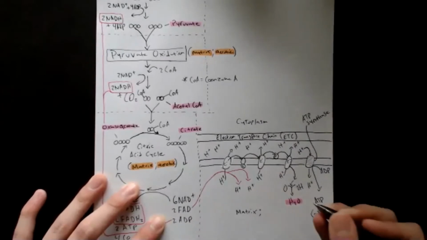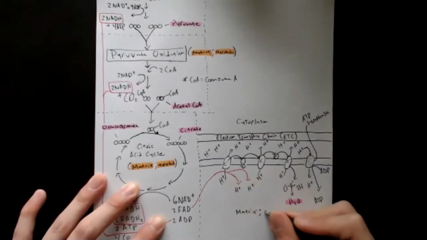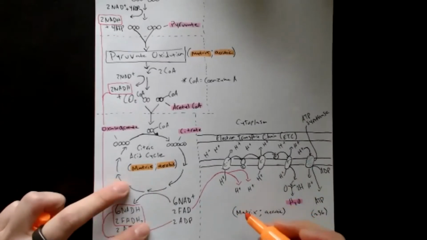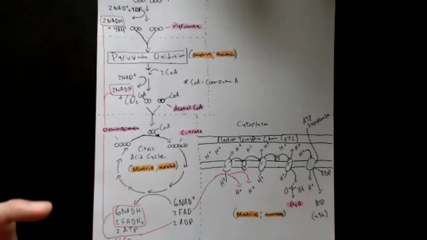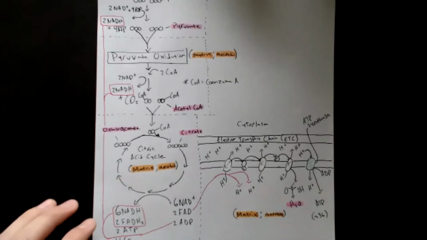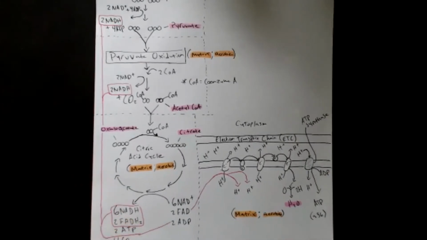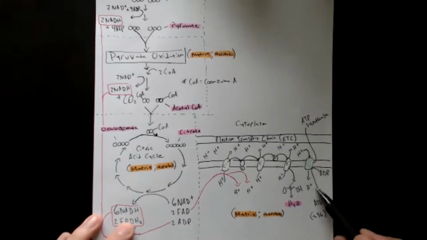We could even just piggyback off this and say it's aerobic, right? Just to be thorough. Remember, ATP synthase is the enzyme that's going to catalyze the conversion of ADP into ATP.